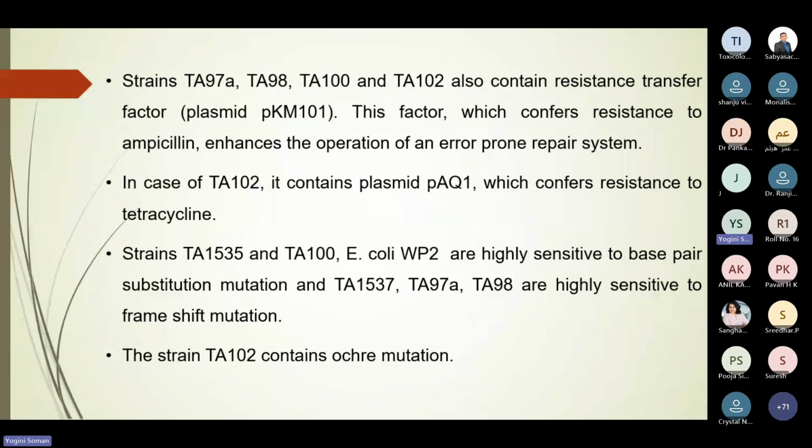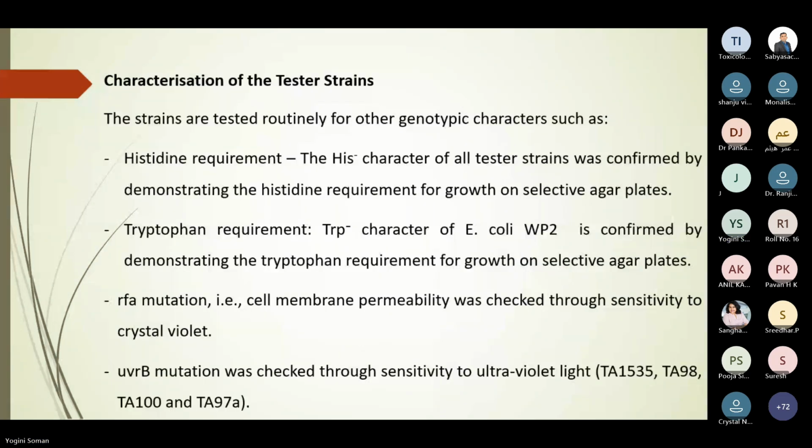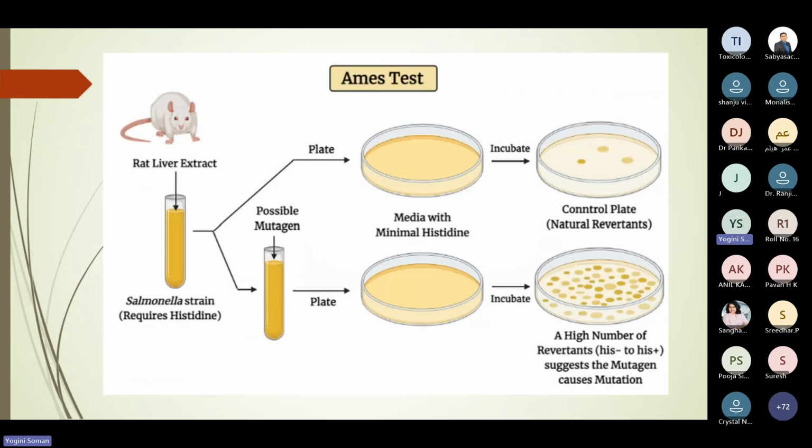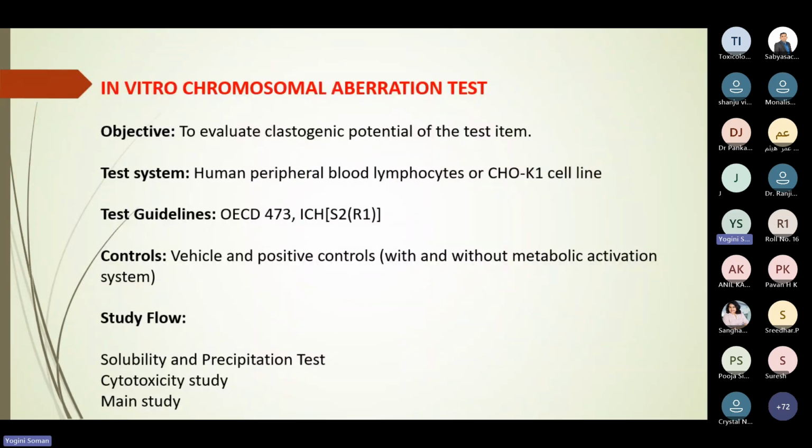For tester strains TA1535, TA100 and E. coli, these are highly sensitive to base pair substitution, as I said earlier. And TA1537, TA97A, TA98 are sensitive to frame shift mutation. Then TA102 contains an ochre mutation, that is a nonsense mutation. There is an addition of a stop codon there. So these are the basic genotypic characteristics of tester strains used in the bacterial reverse mutation assay.